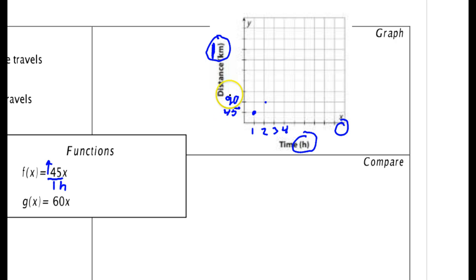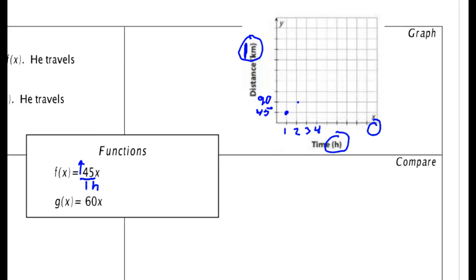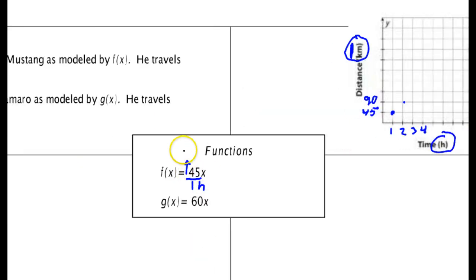Some people pick 30, whatever you want to do. Just remember the meaning behind this. This 45 stands for 45 kilometers, and we don't put the over 1, but 45 kilometers for every hour, 45 kilometers per hour. And this would be 60 kilometers per hour. Obviously, since the Camaro is going faster, the graph of the Camaro will be above to show that it's faster than the Mustang.